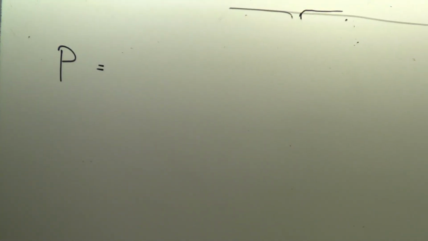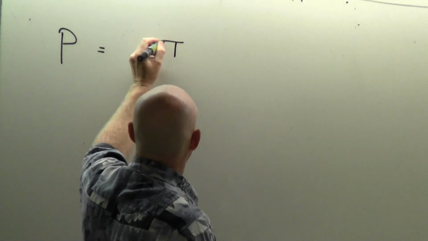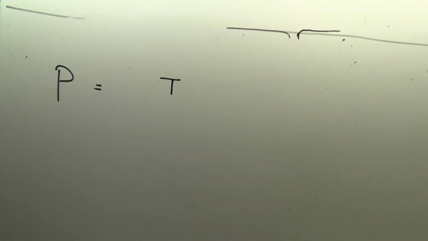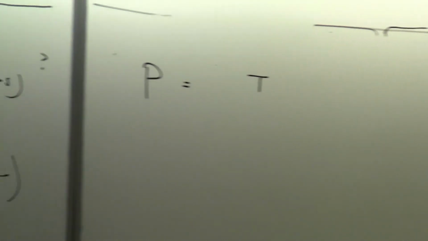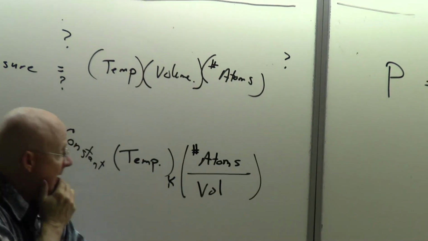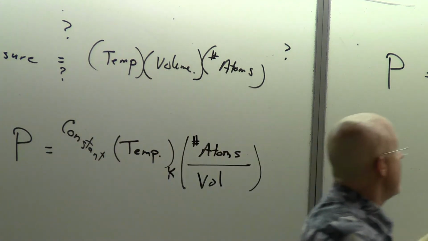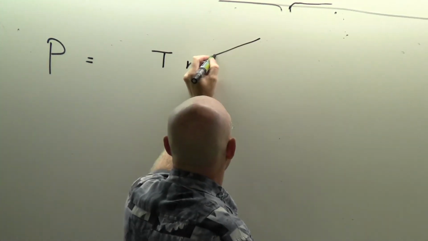I'll have a P on this side. We like to use the symbol T for the temperature. Now, the number of atoms goes back to earlier in this chapter. Instead of saying the number of atoms, let me say the number of moles.